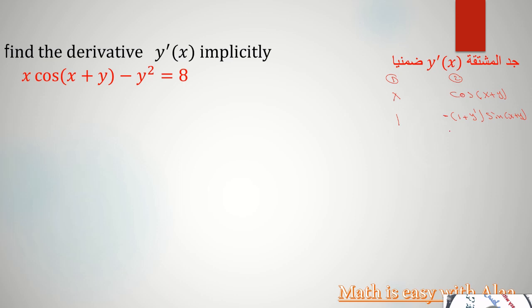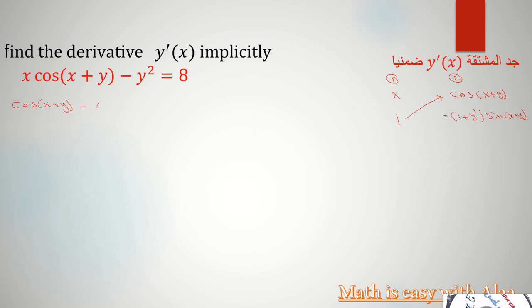Now it will be the derivative of the first function times the second function, so it will be 1 times cosine(x + y), so cosine(x + y), plus the derivative of the second one times the first one.